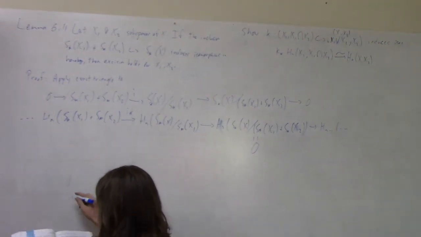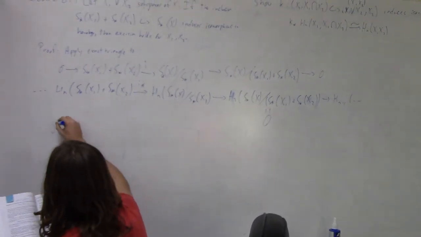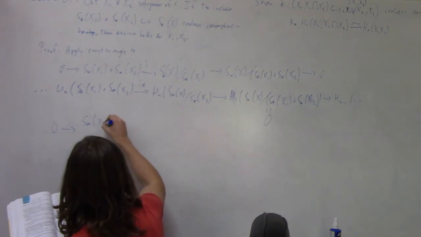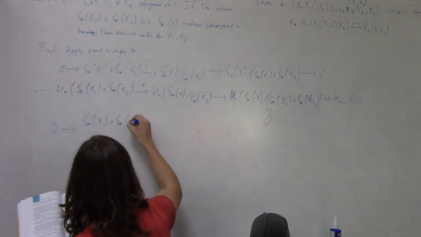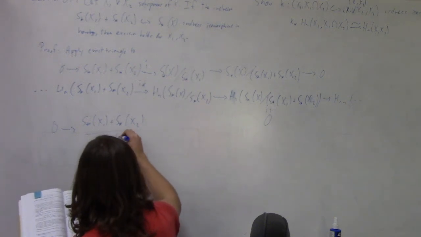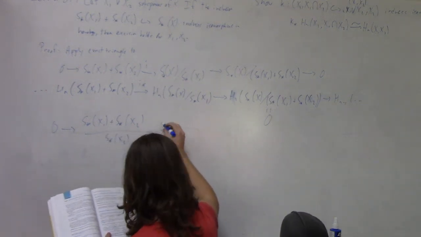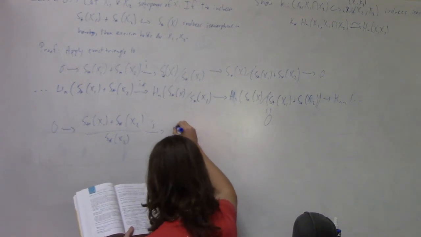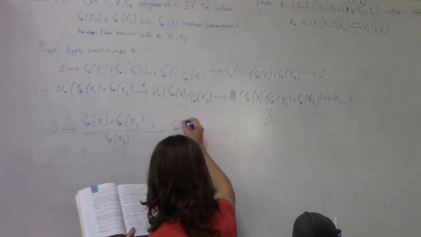Let's see. So now we have this short exact sequence, 0 to S star x1 plus S star x2, and then we have this map J to S star x.